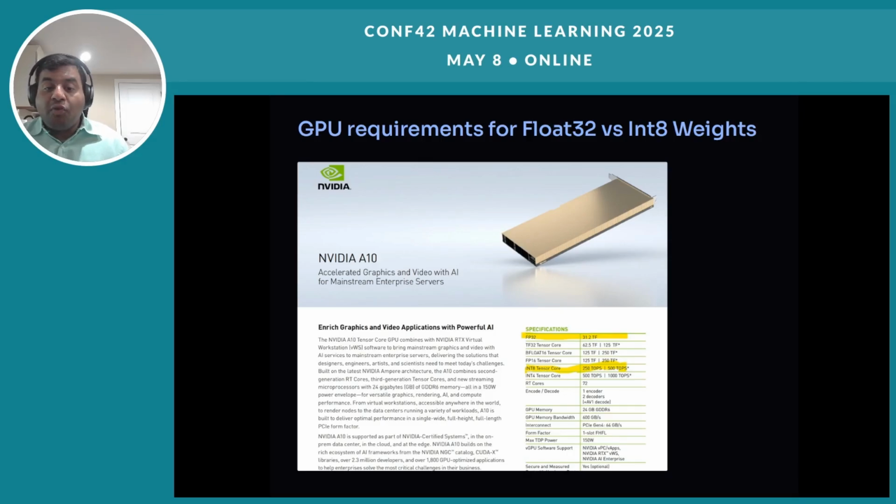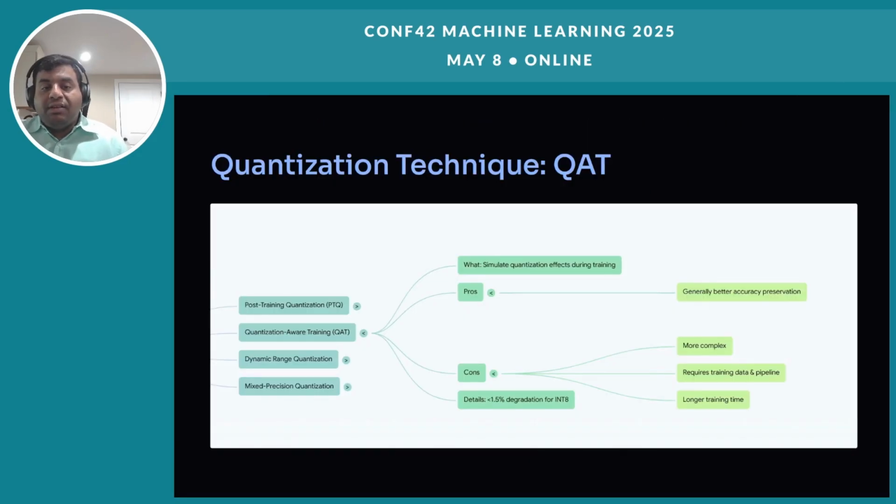Hardware accelerators are often specifically designed to perform low precision integer math much faster and more power efficiently than floating point math. Next quantization technique, QAT. What is it? Simulating the effects of quantization during the model training process. It generally achieves better accuracy preservation compared to PTQ, especially at lower bit depths, because the model learns to compensate for the precision loss during training.